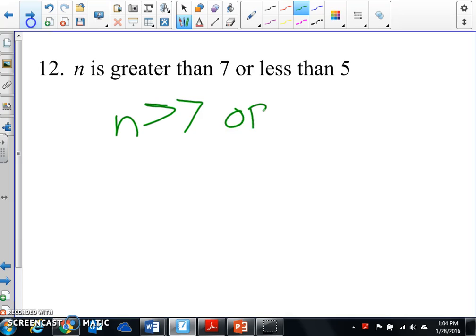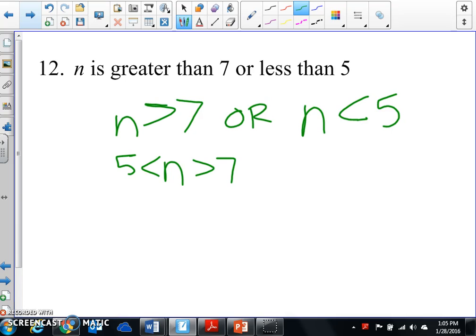Or n is less than 5. You actually put that together too, right? Couldn't we? Let's see. N is greater than 7 or less than 5? No, you couldn't put that together.